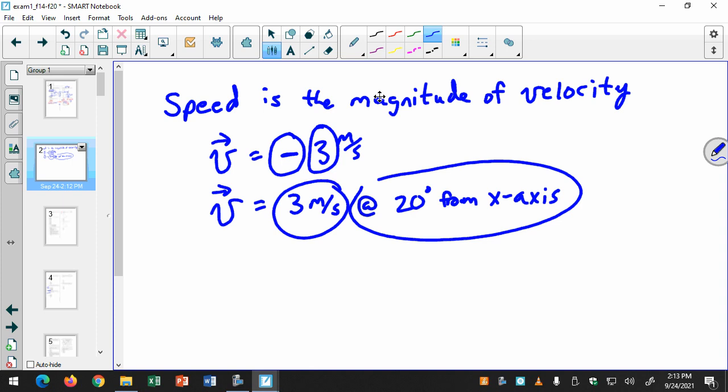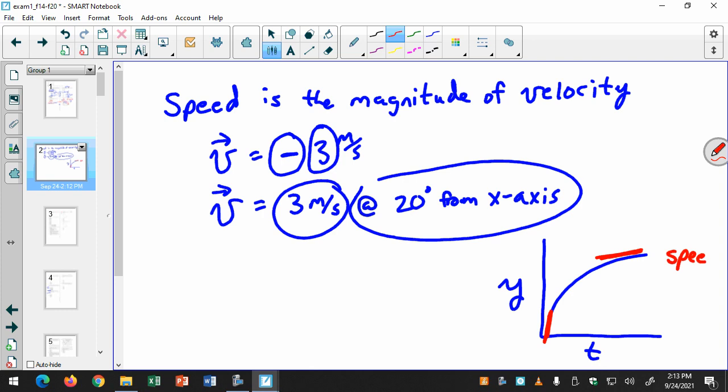Now, probably what's confusing you is that when we deal with a plot like this, y versus t, and I say the speed is given by the slope of this line. Actually, the velocity is given by the slope of that line, and the speed is decreasing. In fact, the velocity is decreasing too, but it's slowing down, so the speed is going down.